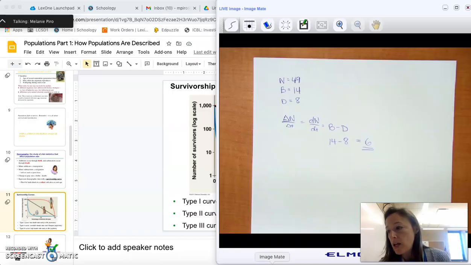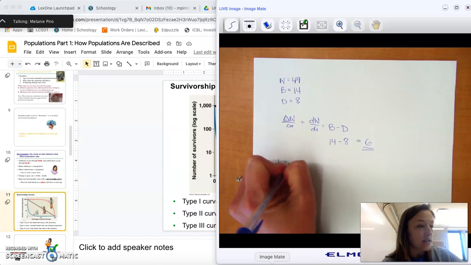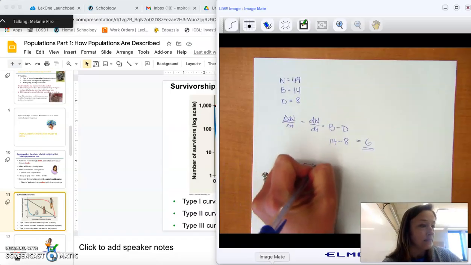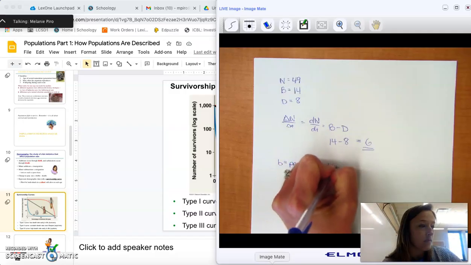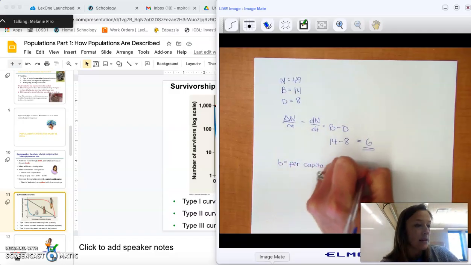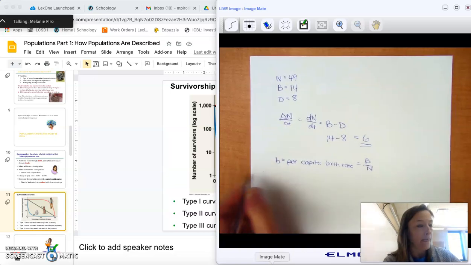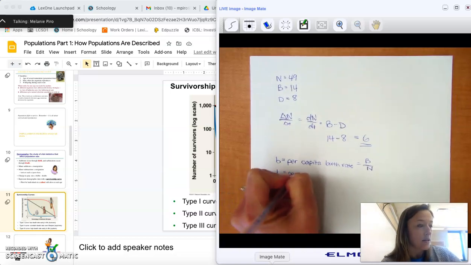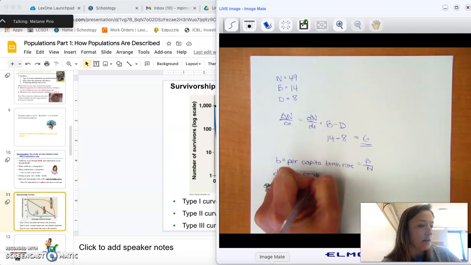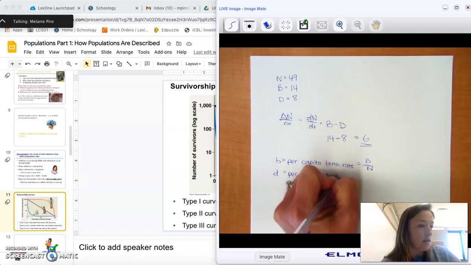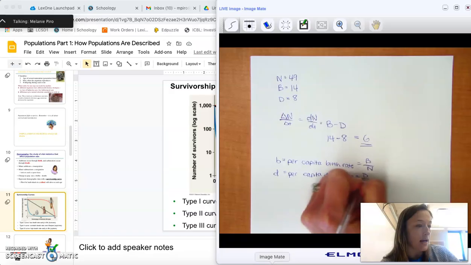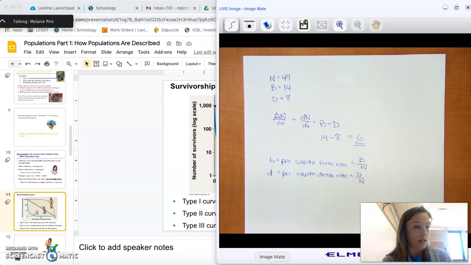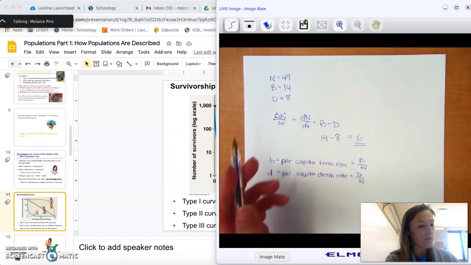The next one says I can calculate the population growth rate when given the per capita birth rate and the per capita death rate. Per capita birth rate is little b, and it is found by dividing big B by N. Per capita death rate is found by taking big D divided by N. We're going to use the same numbers from up here.